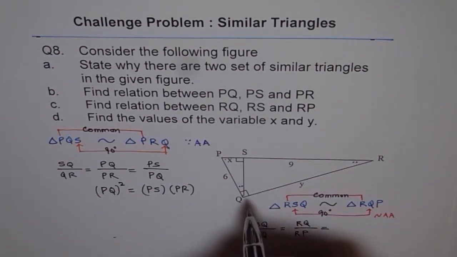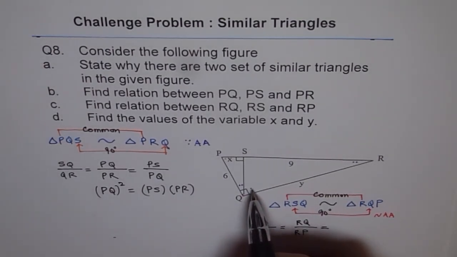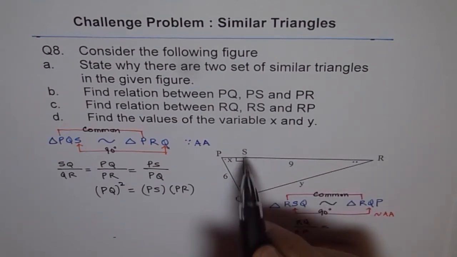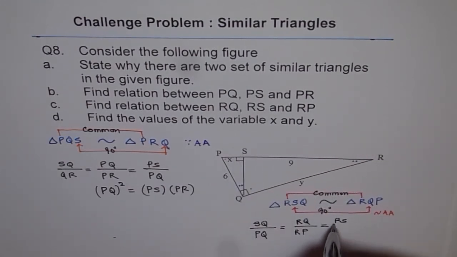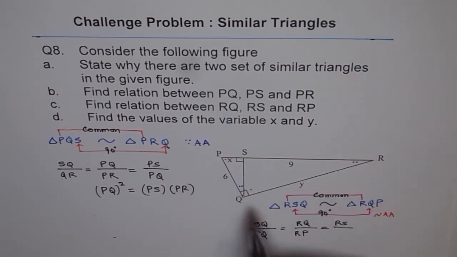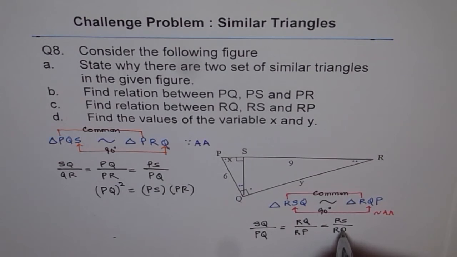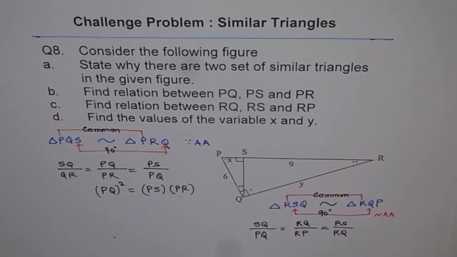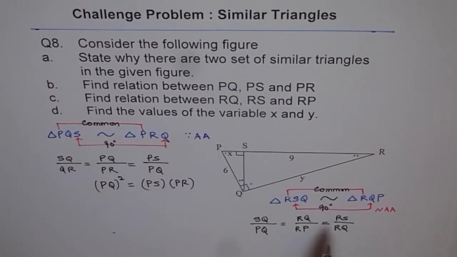And now let's consider this angle in the small triangle. So this angle is the third angle. So for the third angle, the side opposite is RS, divided by, here, this is the third angle, RQ. That is the side opposite to this angle in the big triangle, correct? Now from here, you get a similar relationship, right?